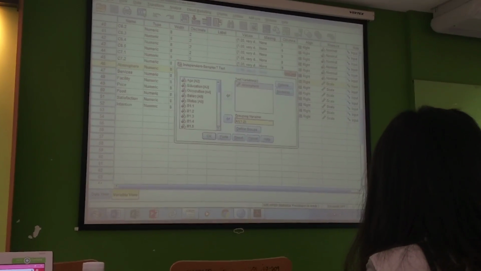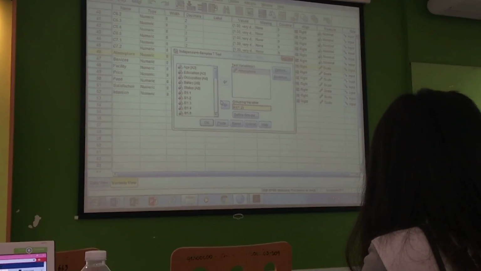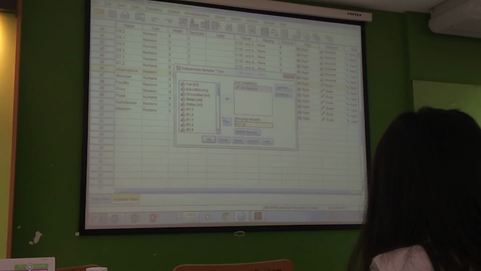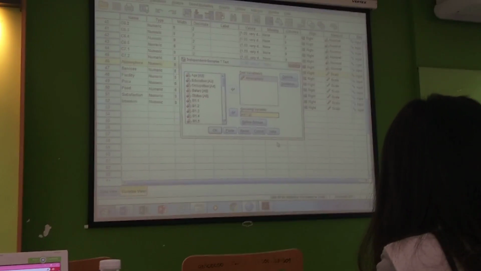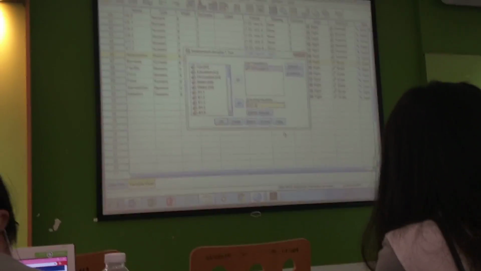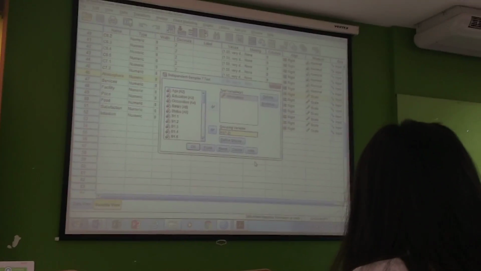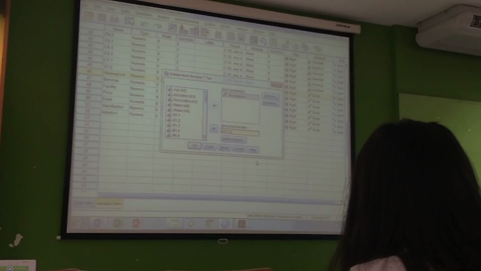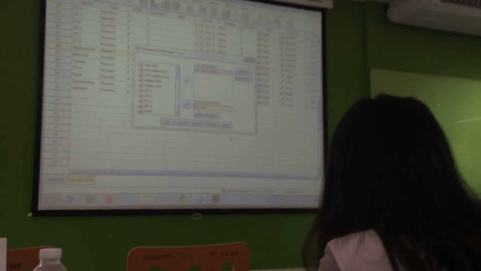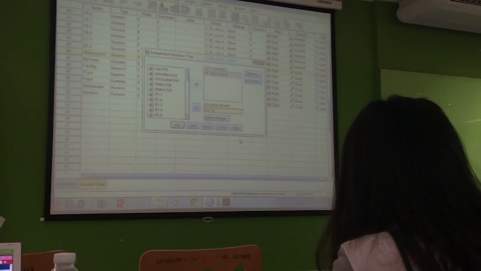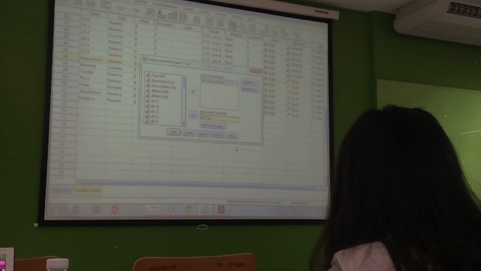Okay, I will stop here for a moment. What am I doing? I am comparing the perception of male and female on atmosphere to see if they are significantly different. Okay? Before you run further analysis, you need to propose hypothesis, right?